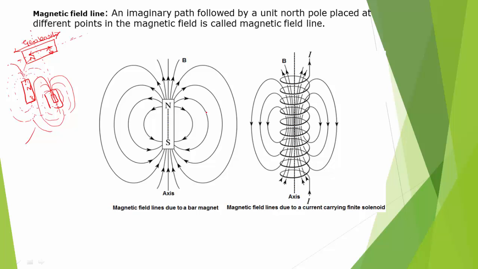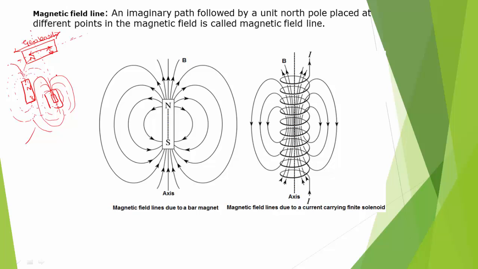Magnetic field lines are imaginary lines, or imaginary loops, used to represent the magnetic field of a magnet, and the tangent drawn at any point on the field line represents the direction of the magnetic field at that point.